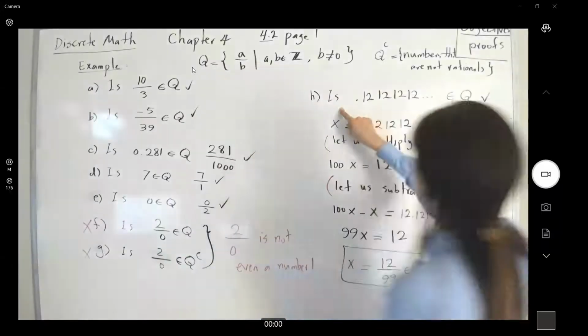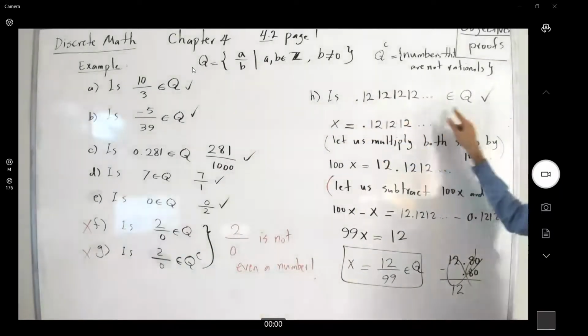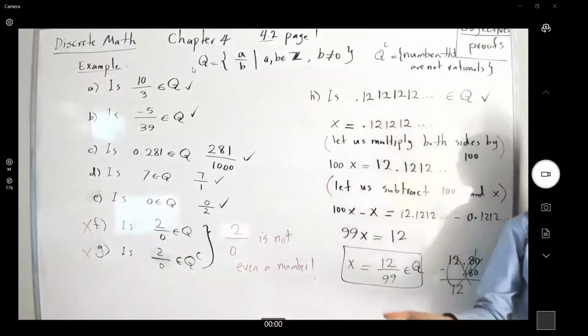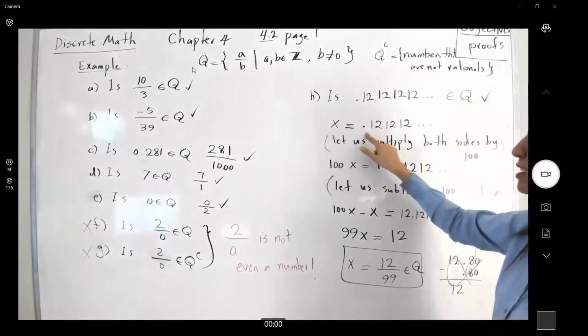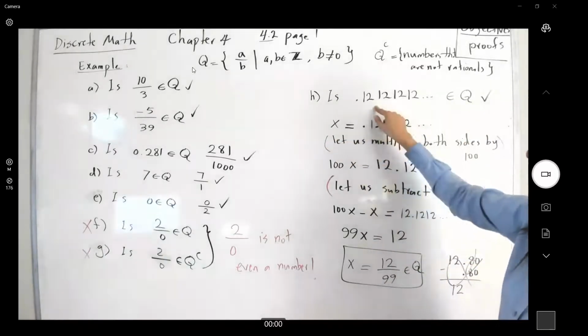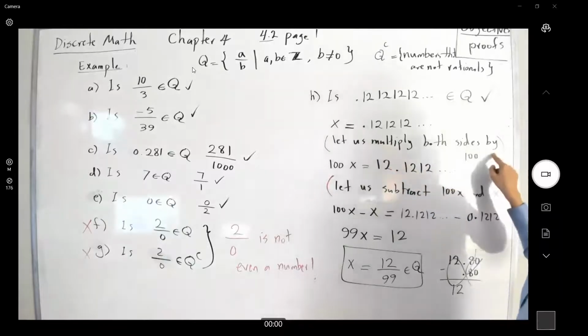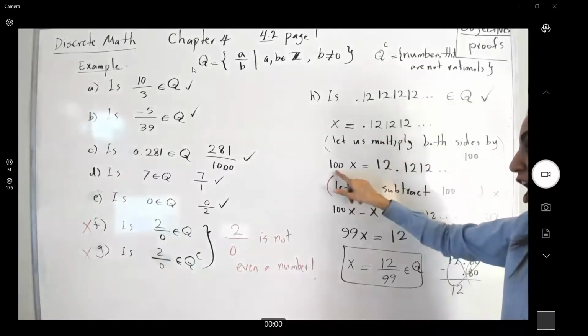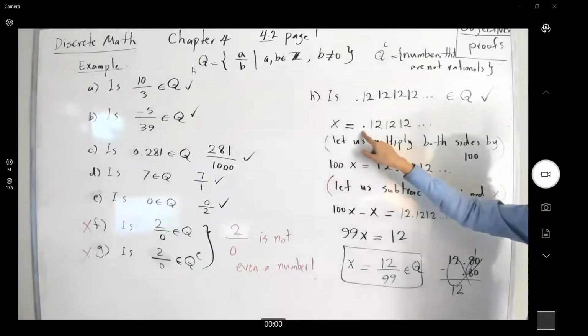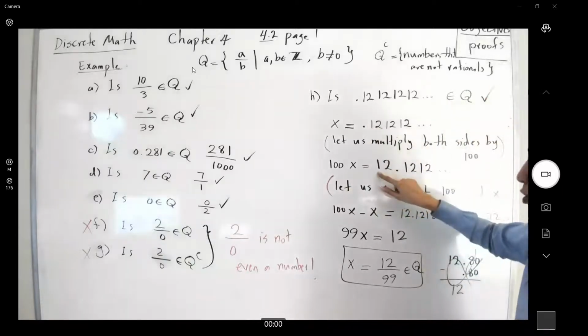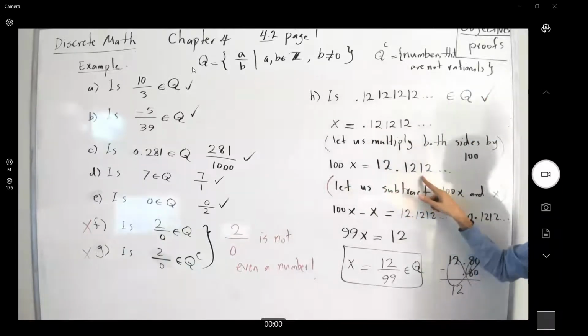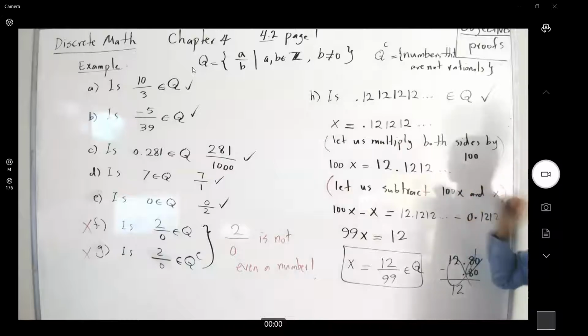So, is this number a rational number? Well, we're going to do a little trick. We're going to take x to be equal to this number. We're going to multiply both sides by 100, 100x. It means that we just shift this decimal 2 places, so 12.12, 12, and 12 is repeated.